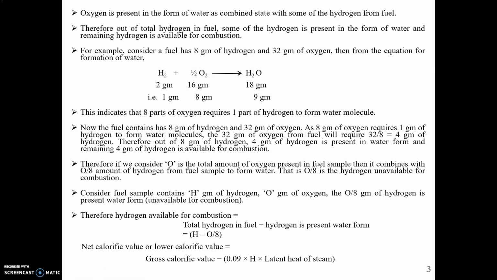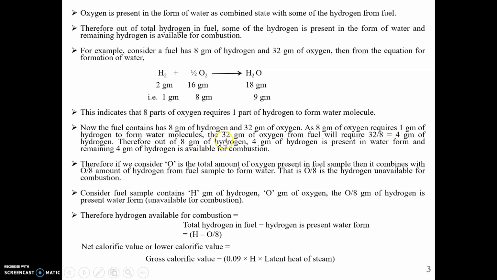Now, our fuel sample contains 8 gram of hydrogen and 32 gram of oxygen. As from the equation, 8 gram of oxygen requires 1 gram of hydrogen to form water molecule.